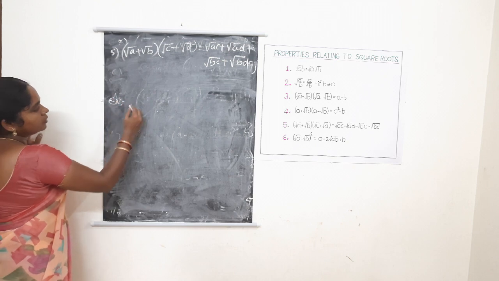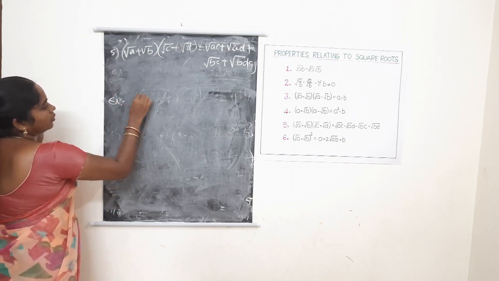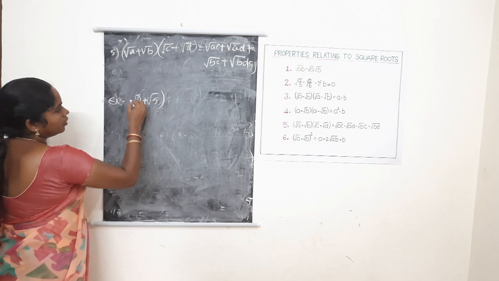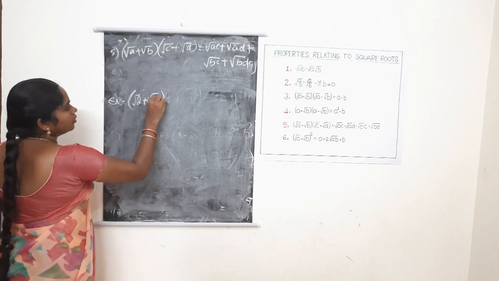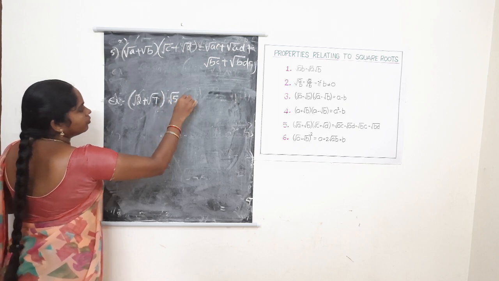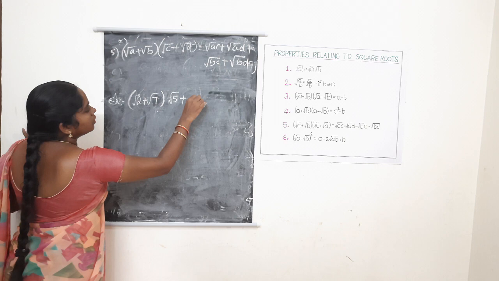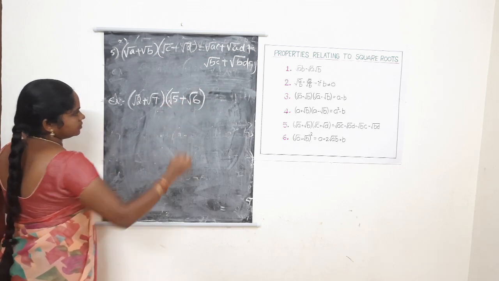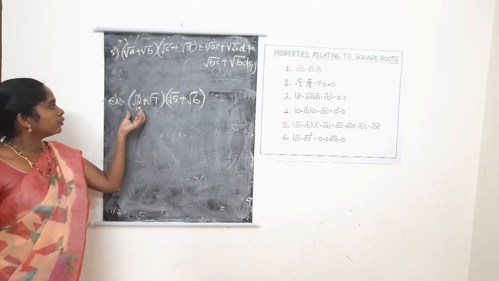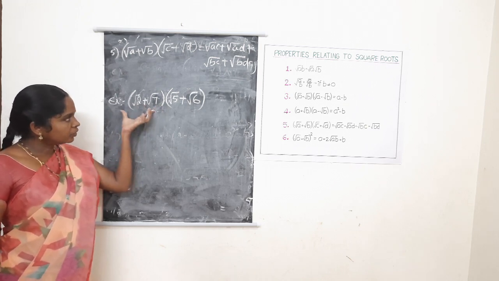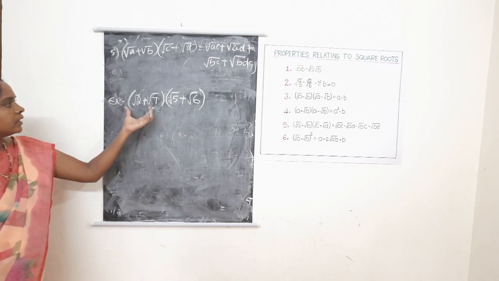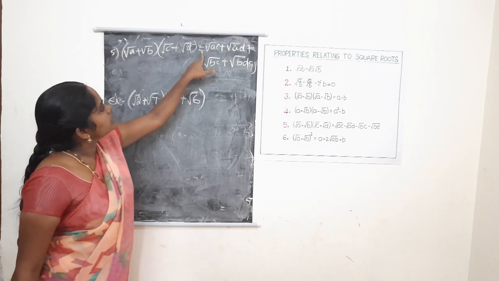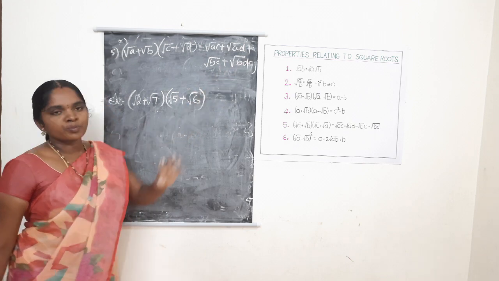Example: (√2 + √7) × (√5 + √6). This equals √AC plus √AD plus √BC plus √BD.